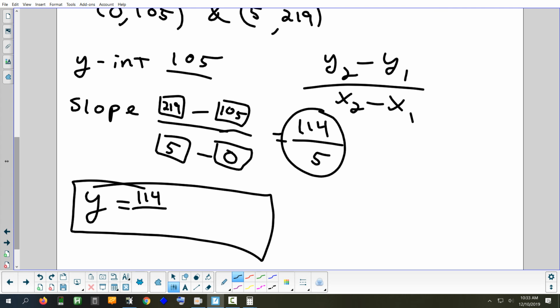Yeah, it's kind of a lousy number, but the rise is 114 and the run is 5. What always goes after the slope? X. And what's my y-intercept? Positive or negative? Positive. And that's the equation.